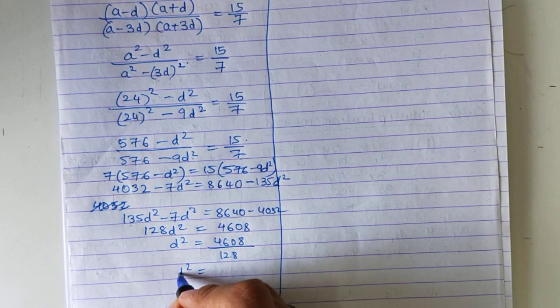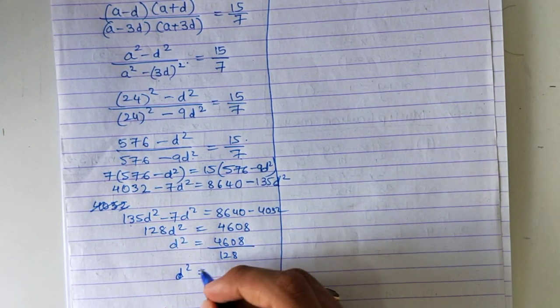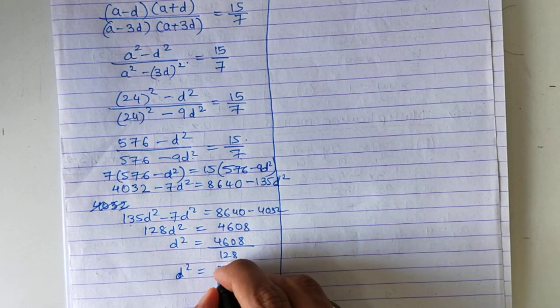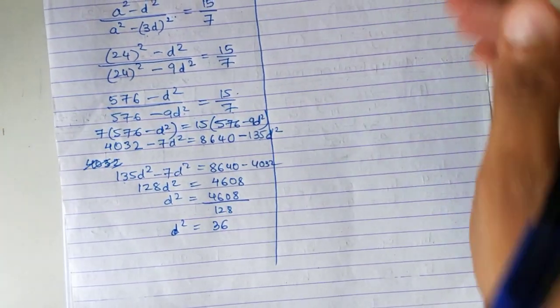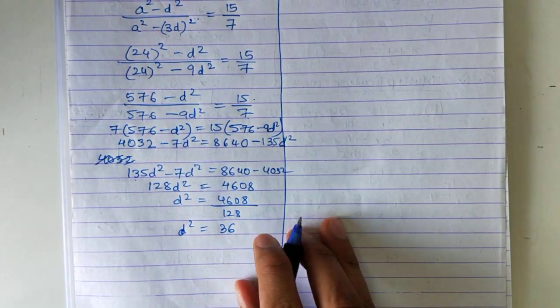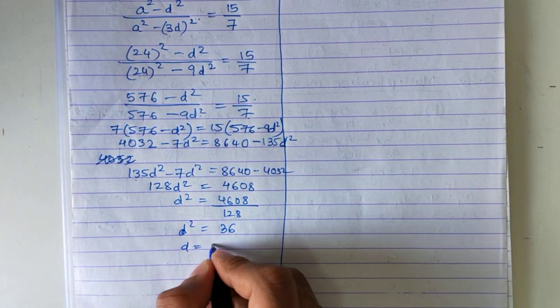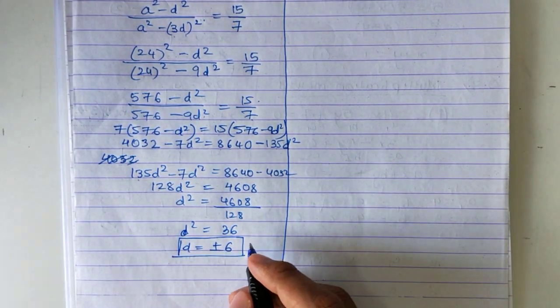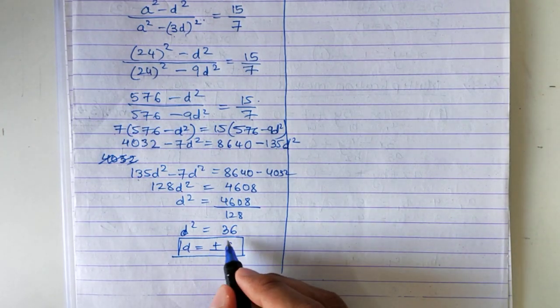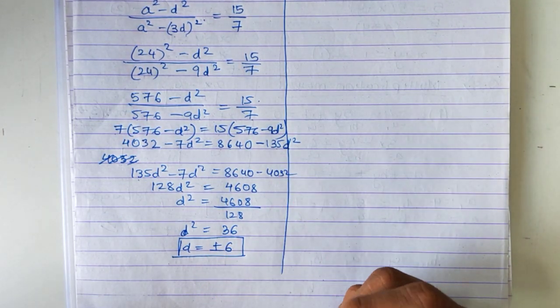So d square will be, if you cancel this, 36. Okay, you will get the answer as 36. Therefore d will be plus minus 6. Plus minus is important because you will get two answers.